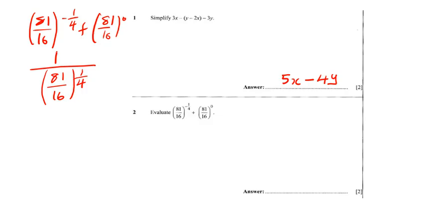Now let's say we have a to the power 1 over 2. You and I understand that this 2 becomes the root. So in this case it will be the square root of a, and the 1, which is the numerator, becomes the power of everything, and then you find your answer.